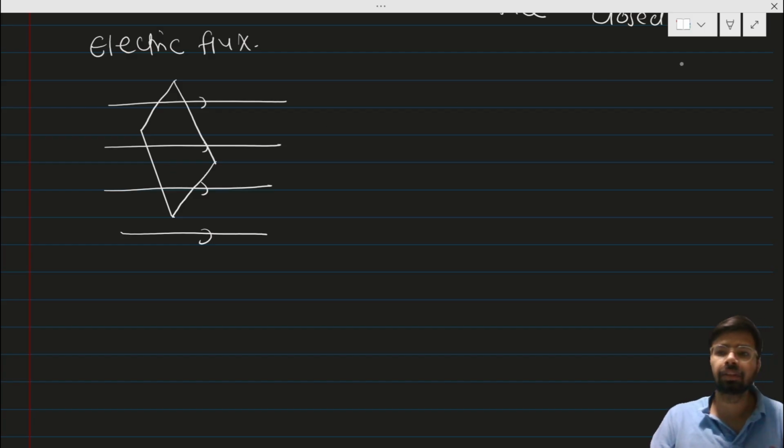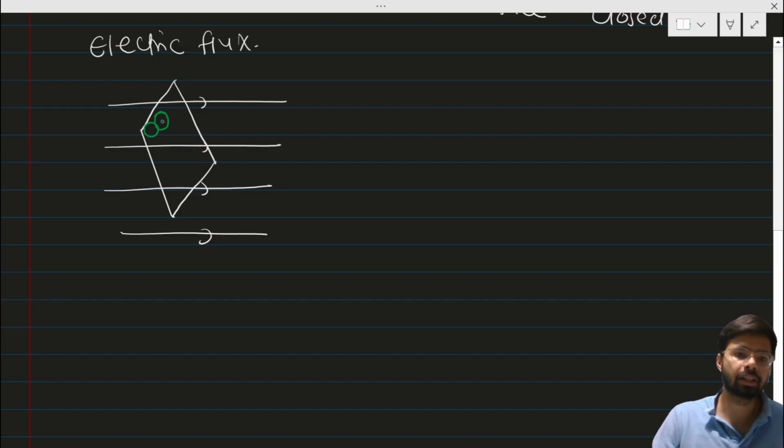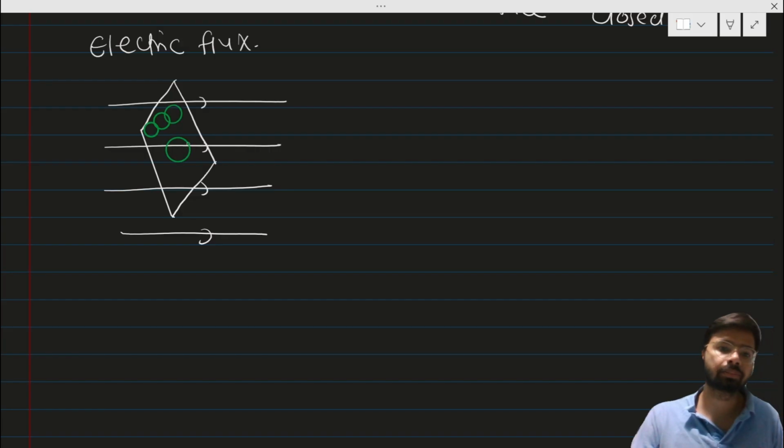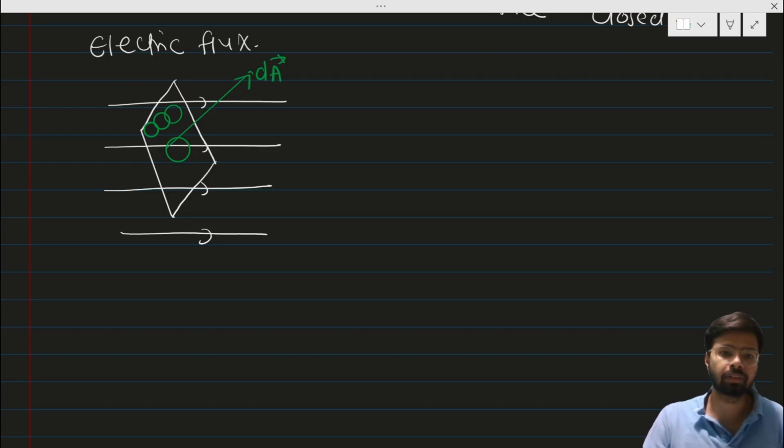This planar sheet is made up of small area elements dA, and this area element dA vector is perpendicular to the surface. So dA vector is in this direction, and the electric field is in this direction.